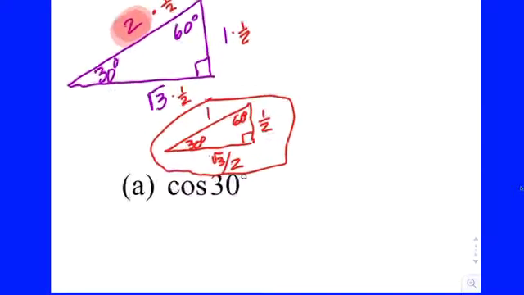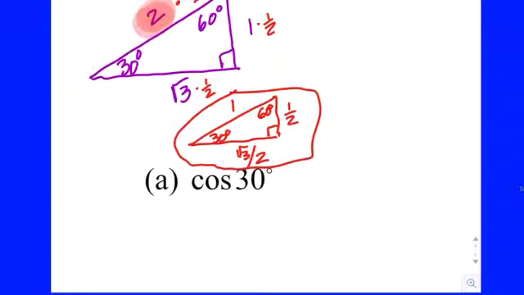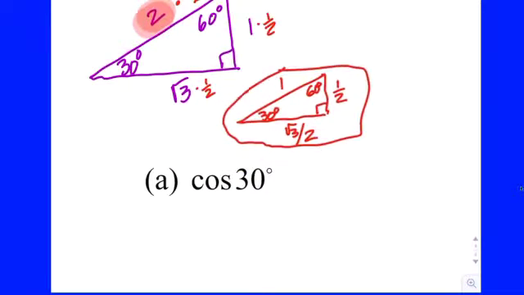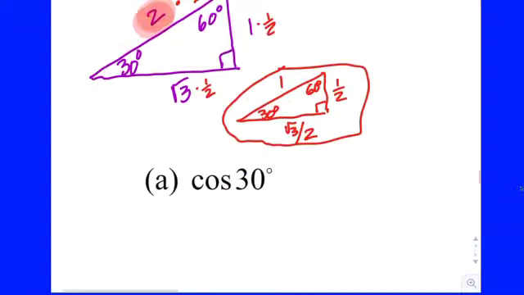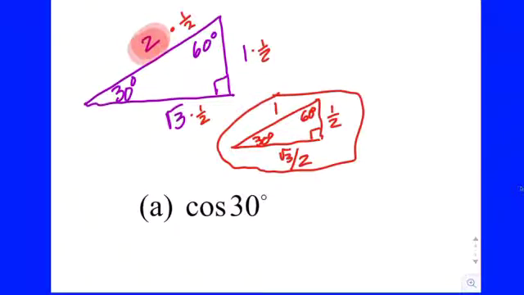Now, let's jump down right below there and figure out what the cosine of 30 degrees is. So we're not doing coordinate geometry just yet. We're using planar geometry. So 30 is your reference angle. Cosine is adjacent over hypotenuse. In the original one, before I scaled it, the adjacent was square root of 3 and the hypotenuse was 2.